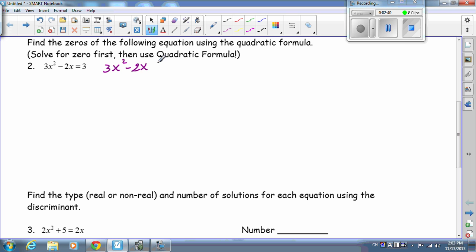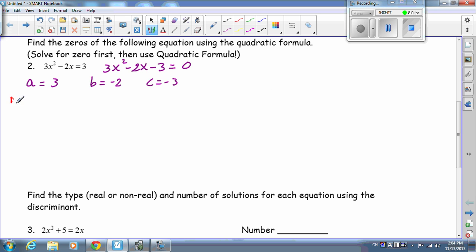What I will do here is subtract the 3 so that I can have it equal to 0. The first step is to identify your A, your B, and your C. Well, the value of A here is 3, the value of B is negative 2, and the value of C is negative 3.